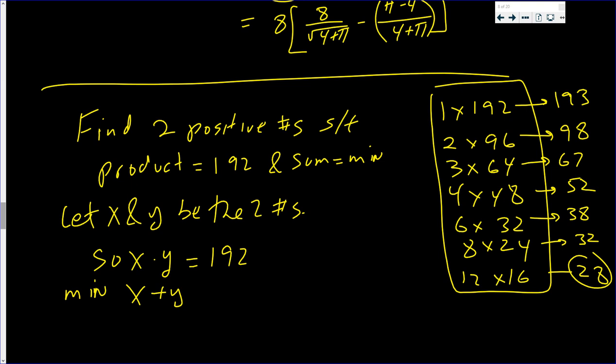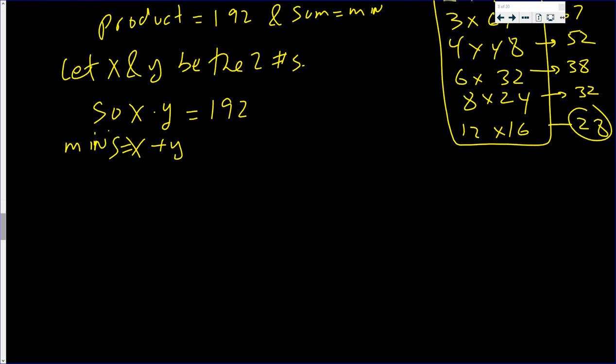Let us give this a name: you want to minimize the sum s equals x plus y. But it has two unknowns. From the first equation, dividing both sides by y, you get that x equals 192 over y.